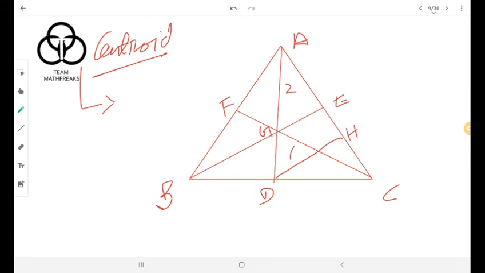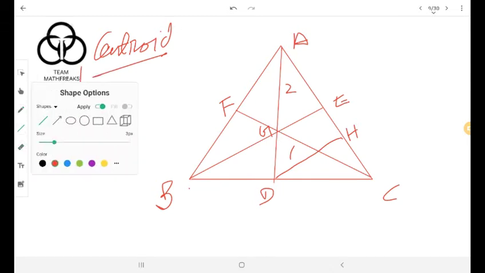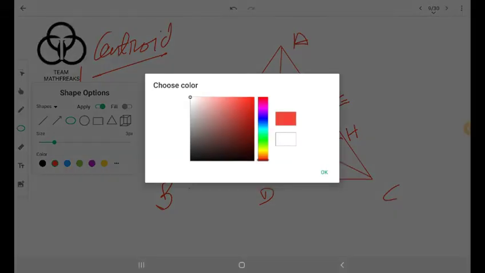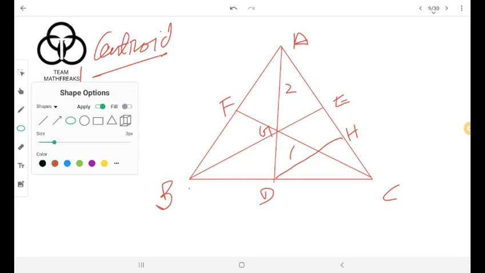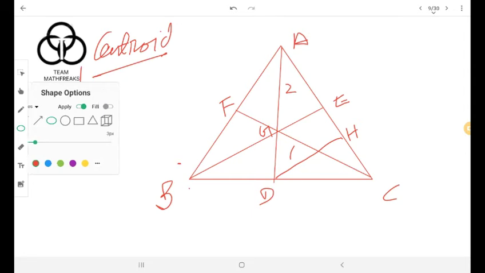This is the midpoint of, let's consider this triangle now. Which triangle?